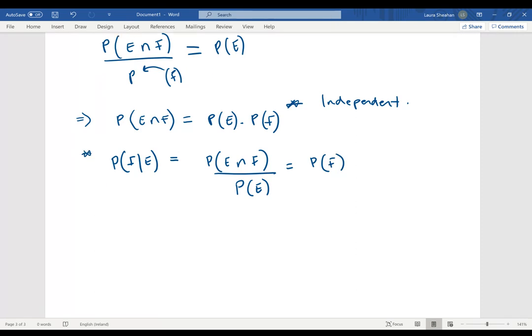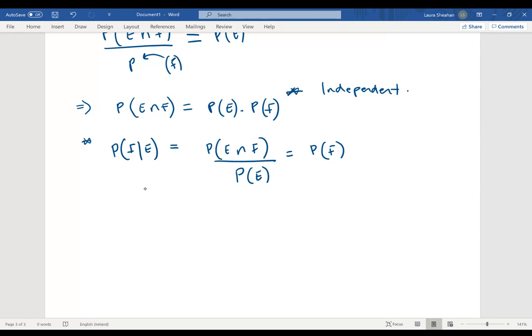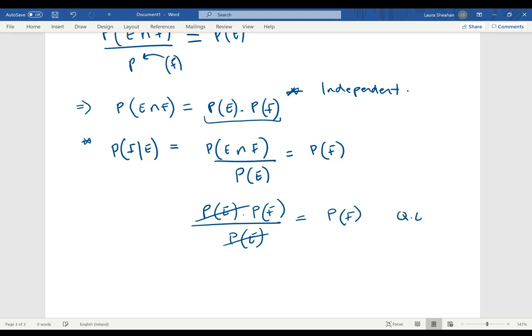But then the top line, my P of E intersection F, is this. So P of E times P of F over P of E. Proof done. P of F is equal to P of F.